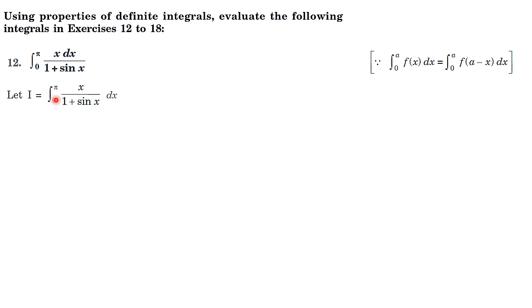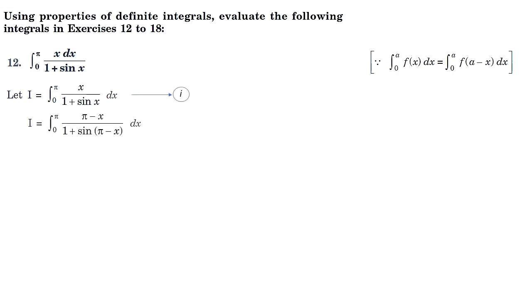The property we are going to use is integral 0 to a f of x dx is equal to integral 0 to a f of a minus x dx. So here the integral is 0 to a, that is the format. Here the upper limit a is pi and the variable is x.